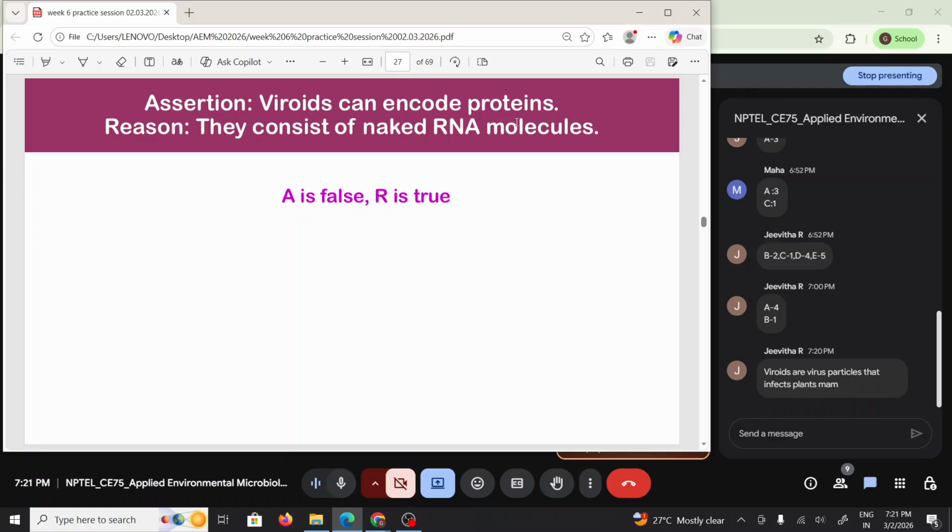So here the assertion is false and the reason statement is true. The viroids do not contain a protein coat, hence they are naked, and they consist of single-stranded RNA as their genetic element. So they are naked RNA molecule entities, whereas the viroids cannot encode protein.